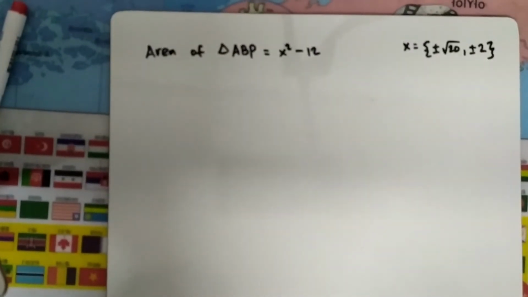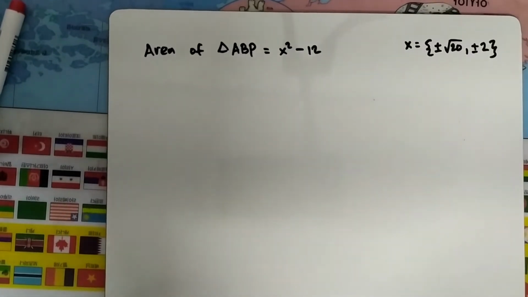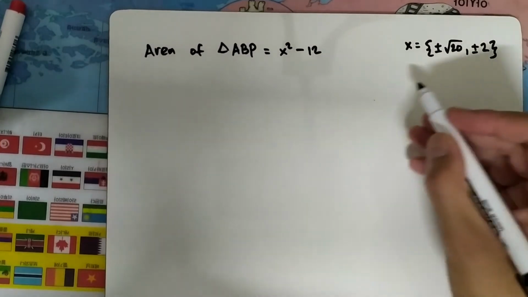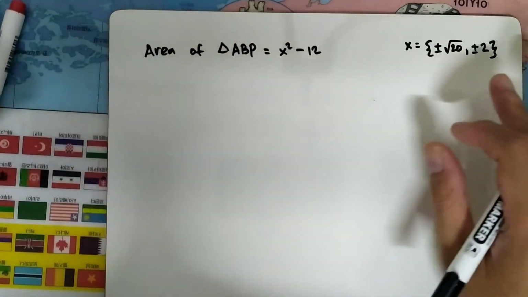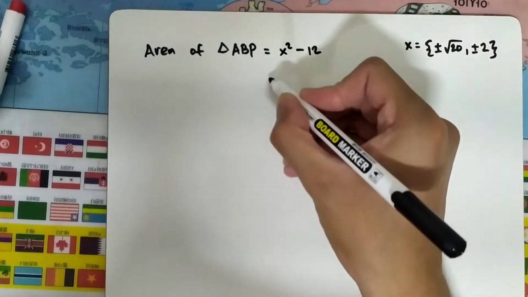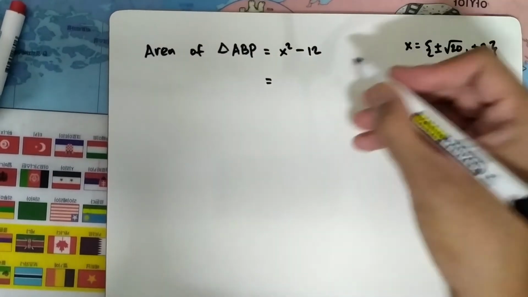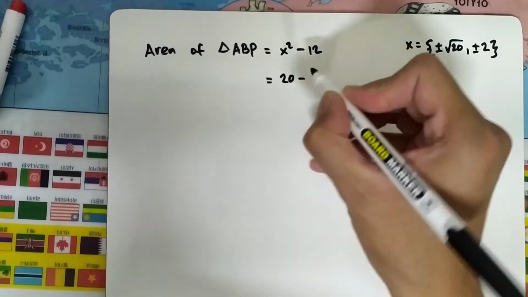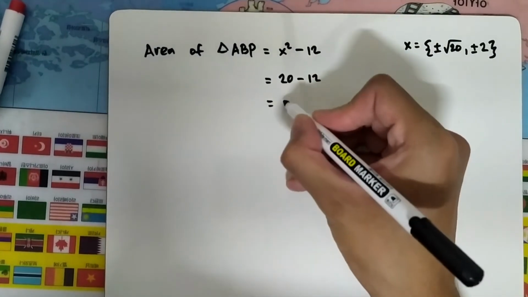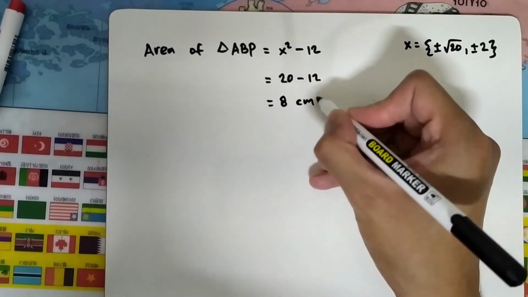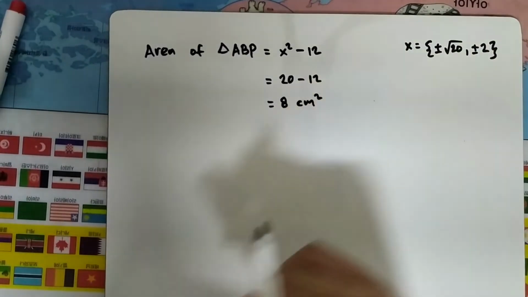Okay, if x is plus or minus square root of 20, x squared will be 20, minus 12, which is 8 centimeters squared. So this makes sense.